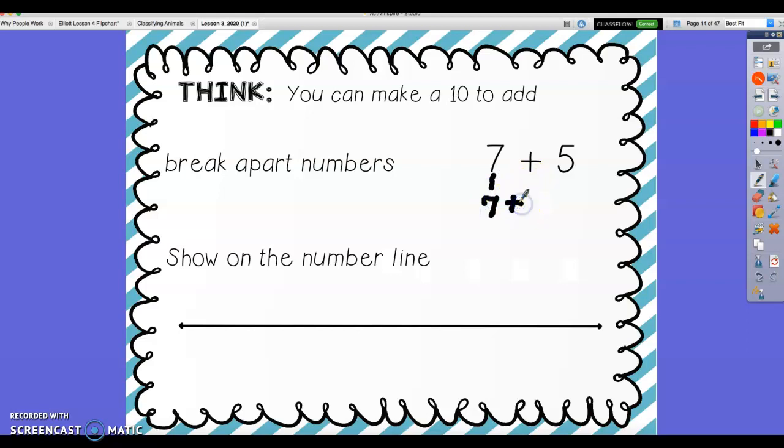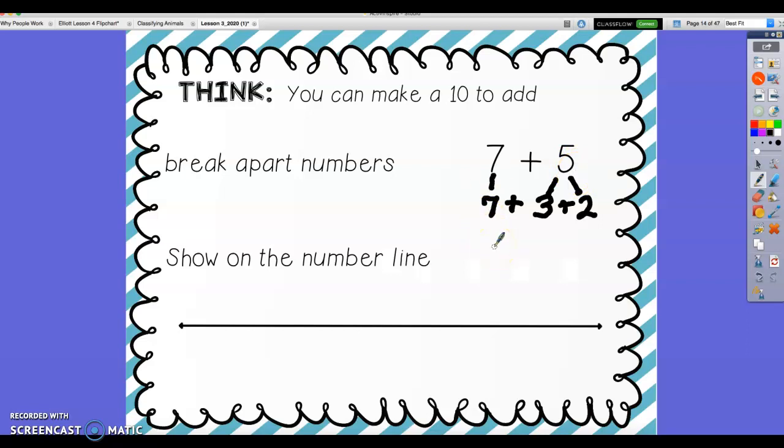Now I need to think 7 plus what equals 10, because that will tell me what I need to break up my 5 into. Well, I know from the beginning I wrote down 7 plus 3 equals 10. So I'm going to break apart this 5 into 3 and 2. 3 plus 2 is 5, and I just brought down my 7.